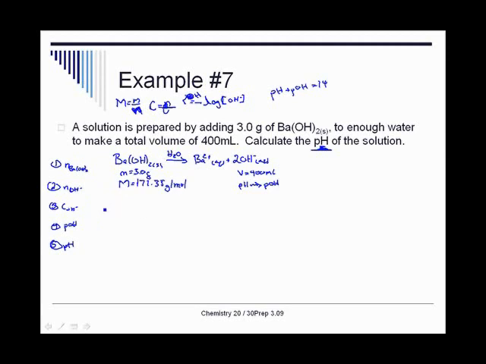And now we can start doing some real calculations here. So first, number of moles of barium hydroxide is equal to mass over molar mass.